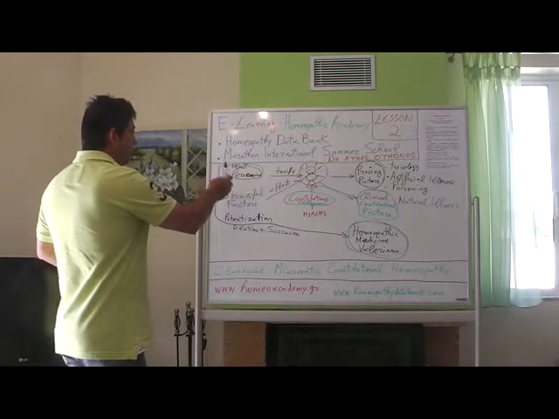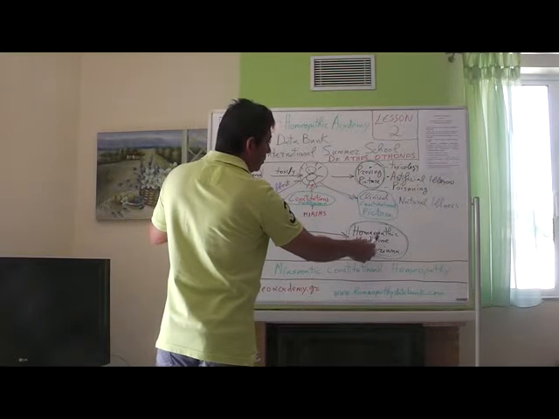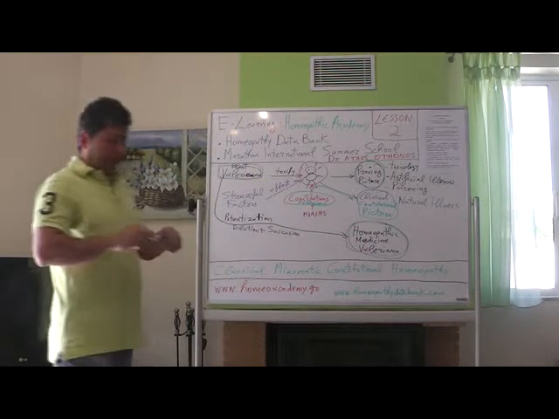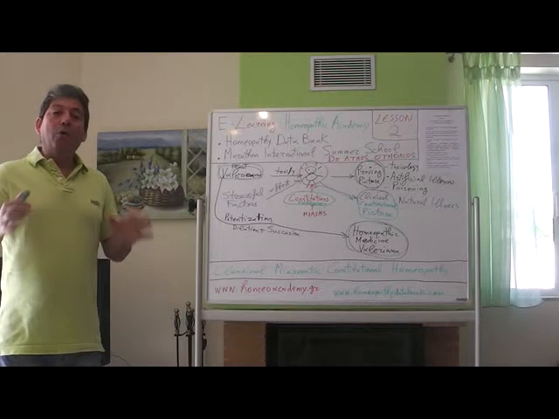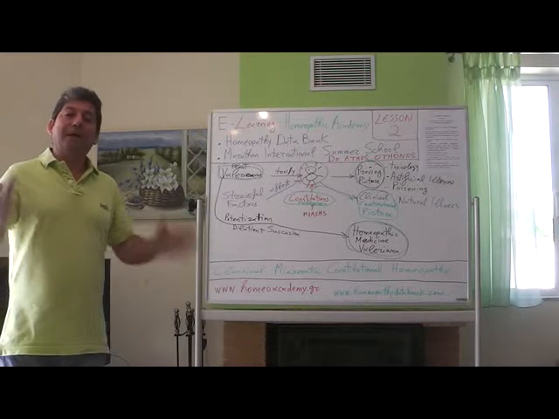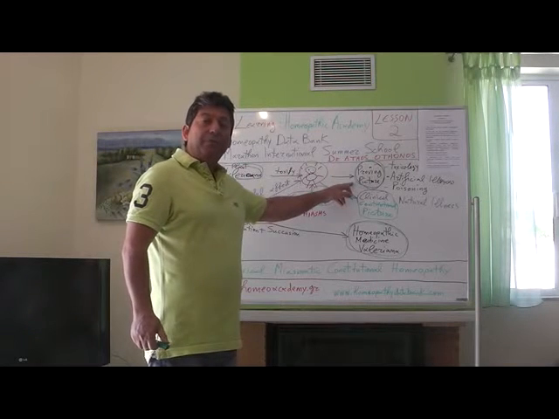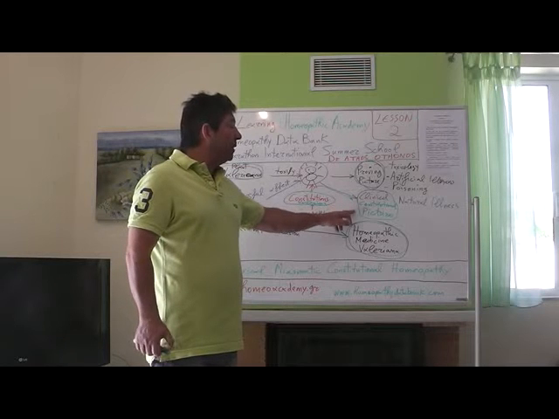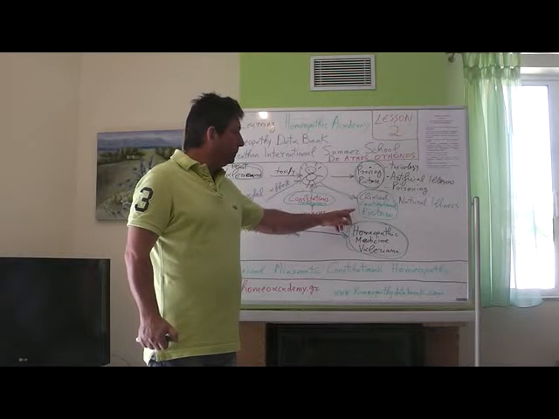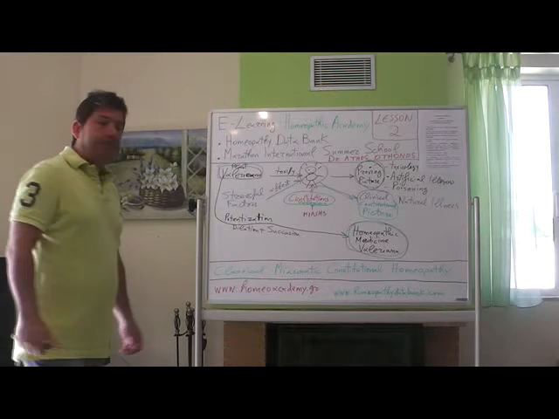We have 1, 2, 3, 4, 5 different things that are all called in homeopathy Valeriana. The plant Valeriana, the proving picture of Valeriana, the clinical or constitutional picture of Valeriana, and the homeopathic medicine Valeriana.